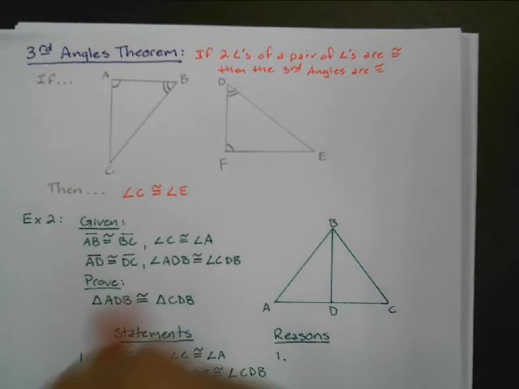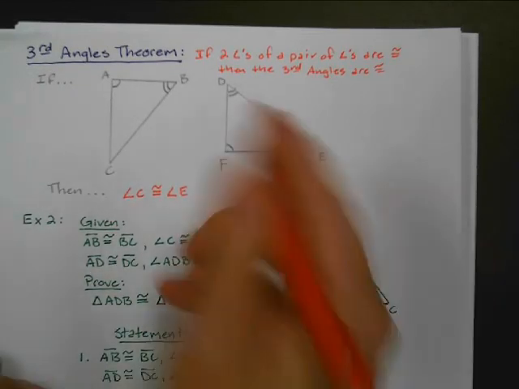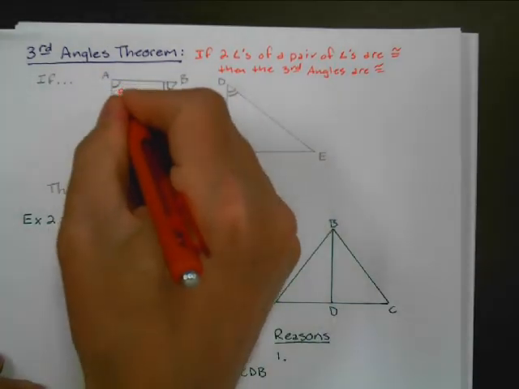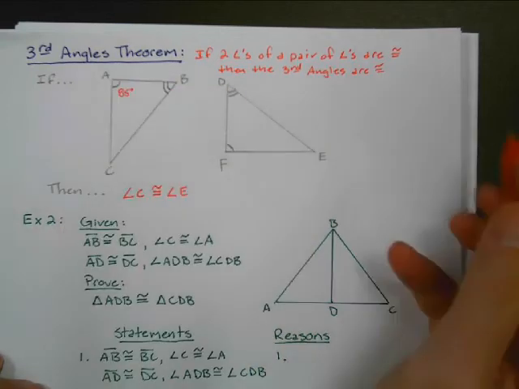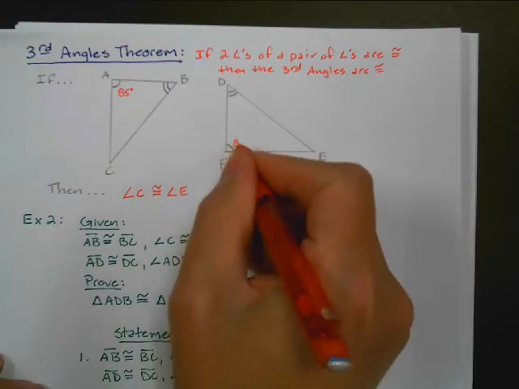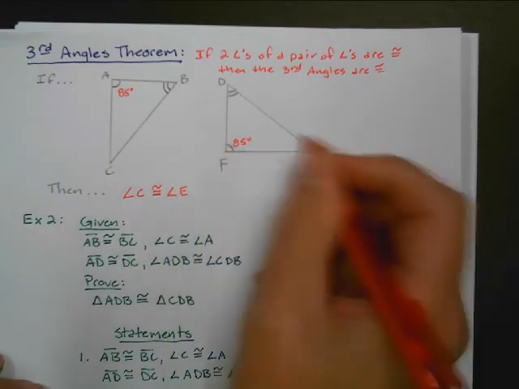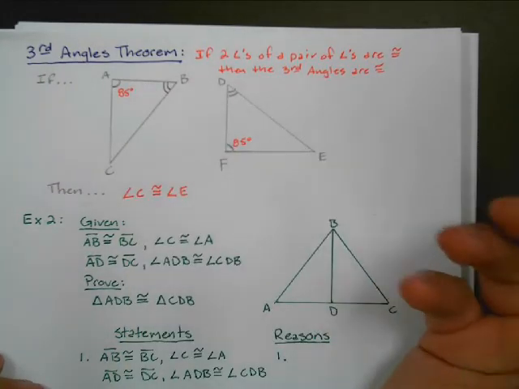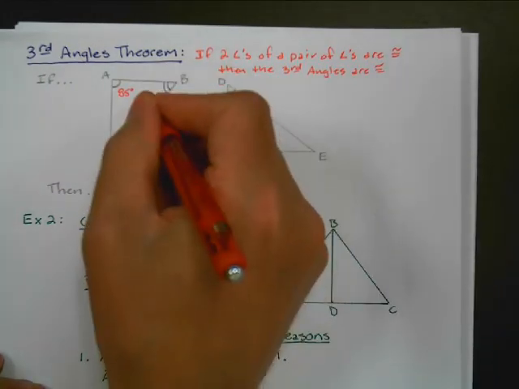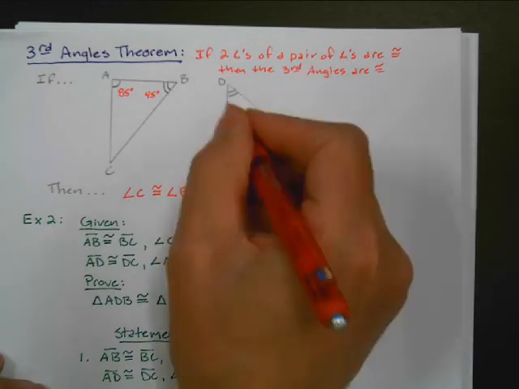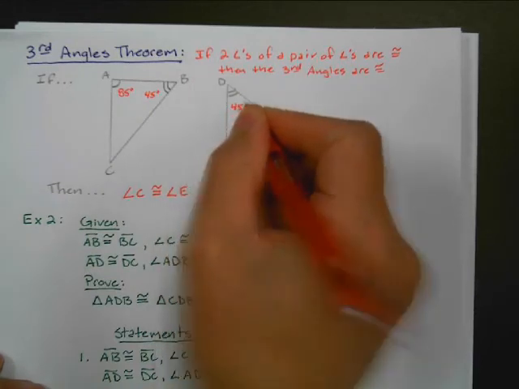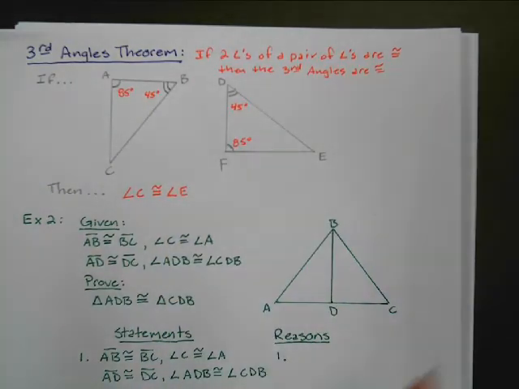Now, why is that? Well, let's put some numbers in here. Let's say that this one was 85 degrees. Okay, so that has an angle tick mark, so that means this is 85 degrees. Let's say, I don't know, that looks like 45-ish. I'm going to say 45 degrees for that one. Now, the reason why the third angle theorem works is because all triangles have to have their interior angles add up to 180.